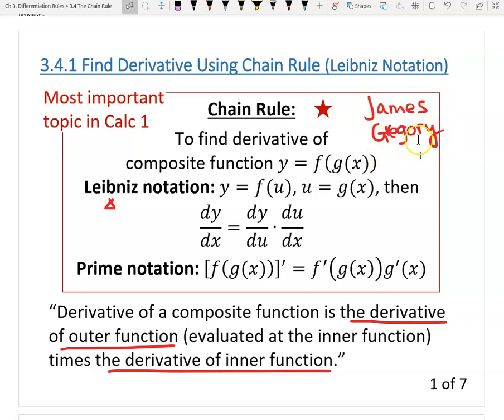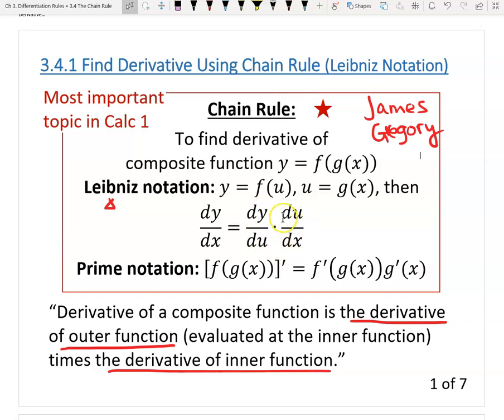No matter whether Leibniz or James Gregory proposed the chain rule, at least we know Leibniz popularized this method, and this notation was made by Leibniz.